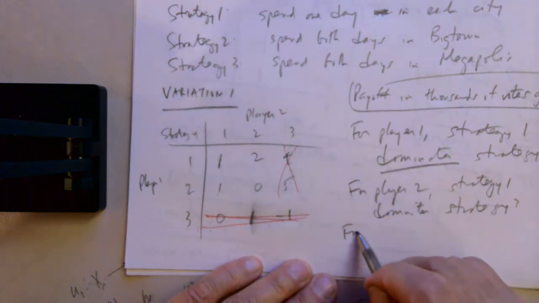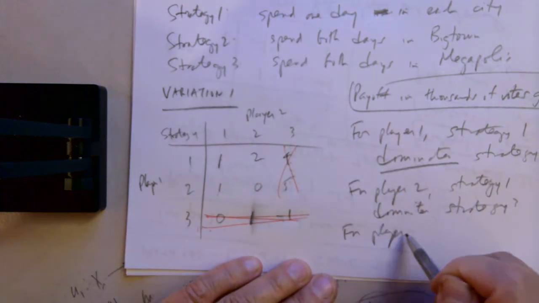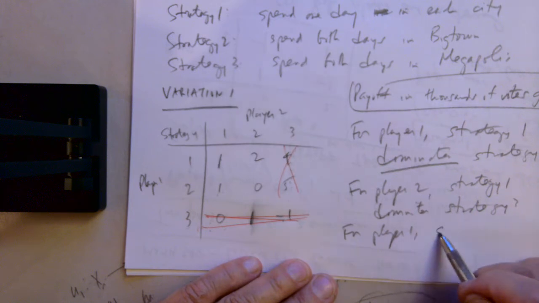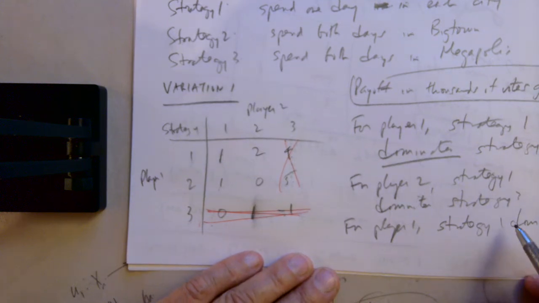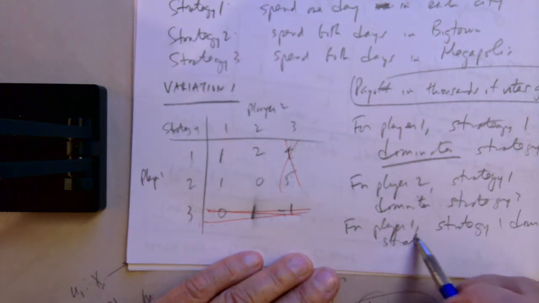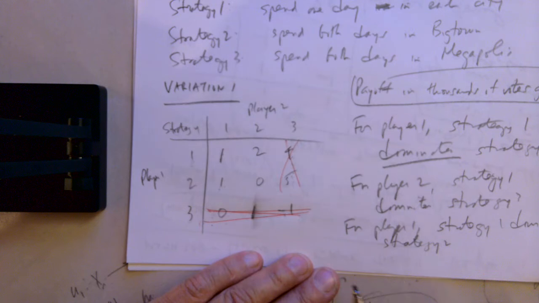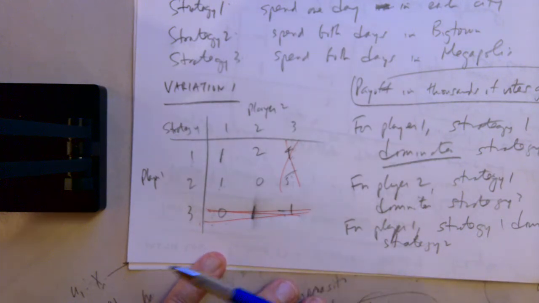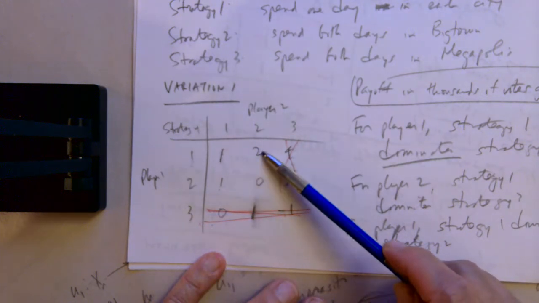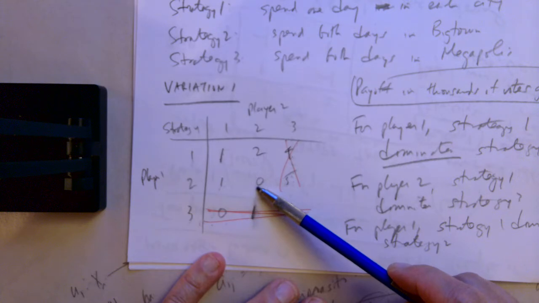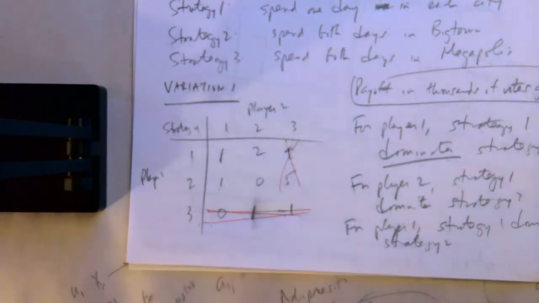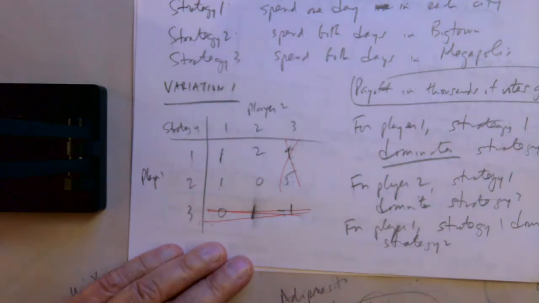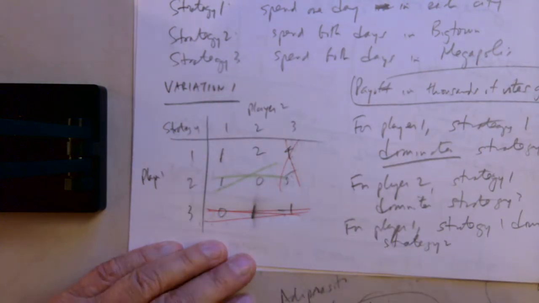So now for player 1, strategy 1 dominates strategy 2. He'll always do better picking strategy 1 than picking strategy 2. So now player 1 crosses out strategy 2.